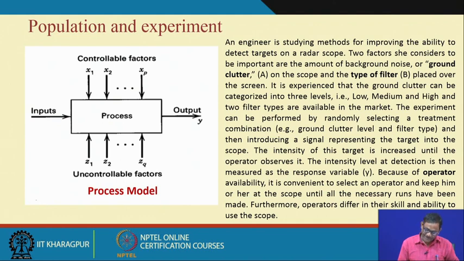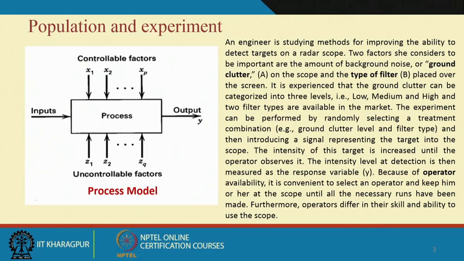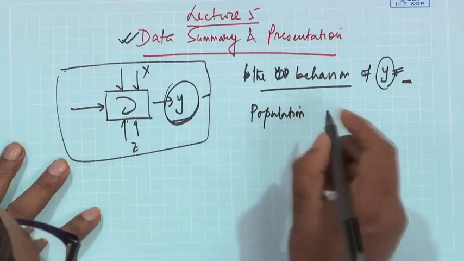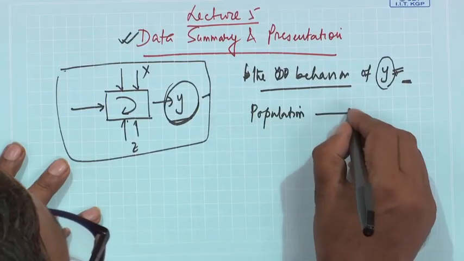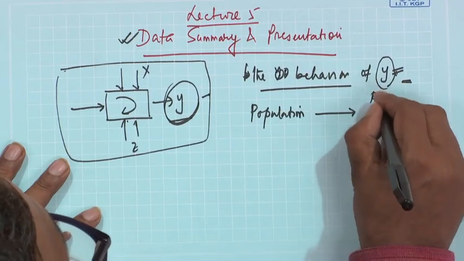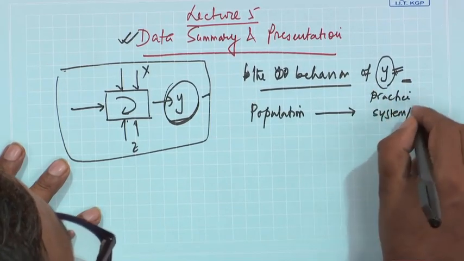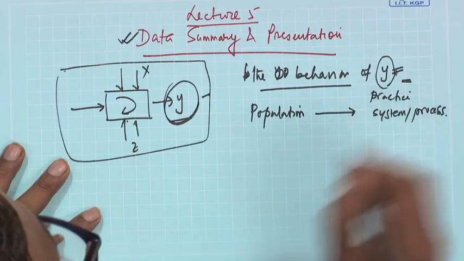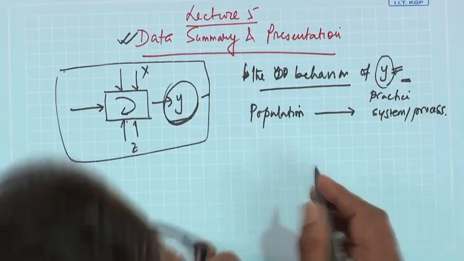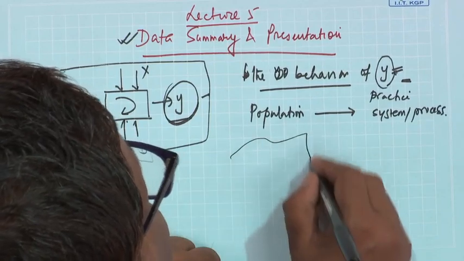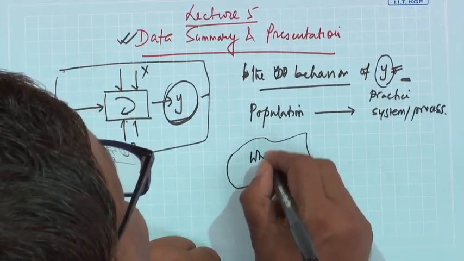So, in statistics there is an important concept called population. Its equivalence in practice, we can say, is the system or process. Population means the entirety or whole.